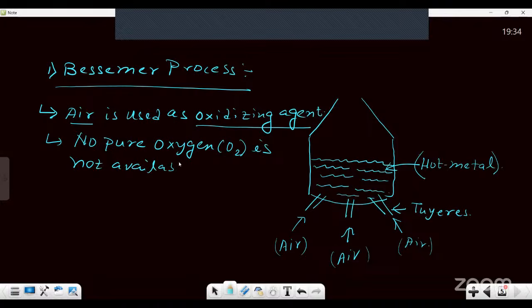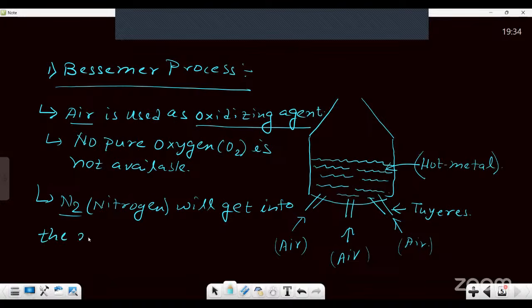And as air has a lot of nitrogen, N2, the nitrogen will get into the melt. The amount of nitrogen in the melt will definitely increase because we are using air here.